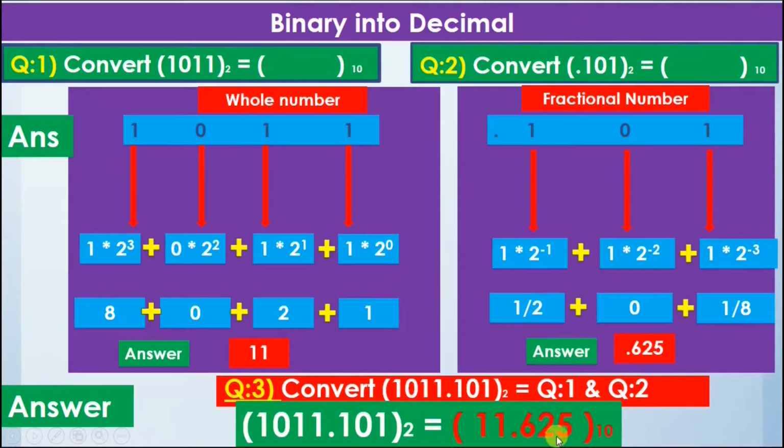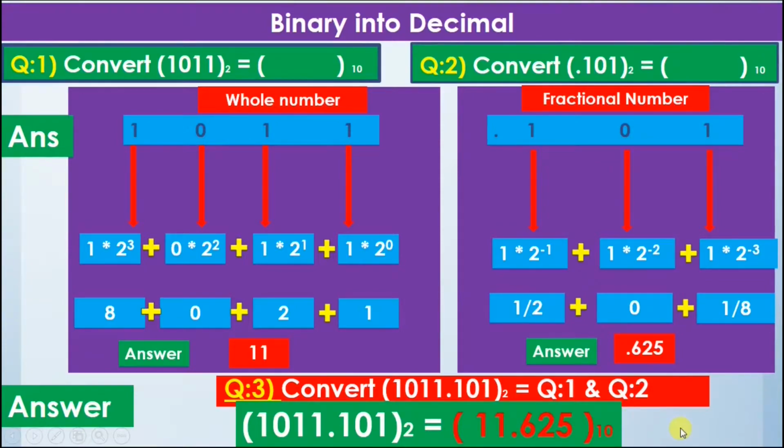Now we can say that the number 1011.101 in binary is equal to 11.625 in decimal. So this is how we can convert binary into decimal for whole numbers, fractional numbers, or a number that has a whole part as well as a fractional part.